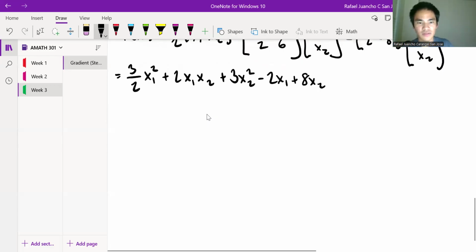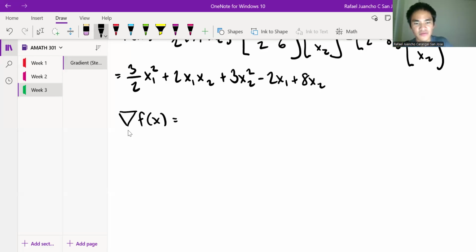Now what? So now I get my gradient. What's my gradient? Well, now I have two things here. So I have 3 x1 plus 2 x2 minus 2.